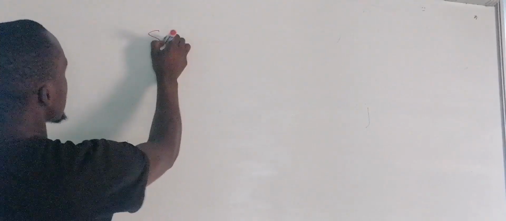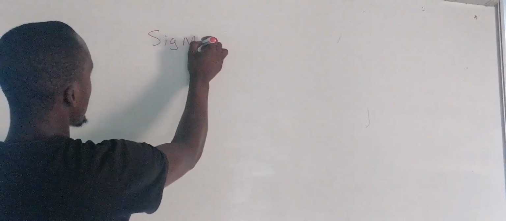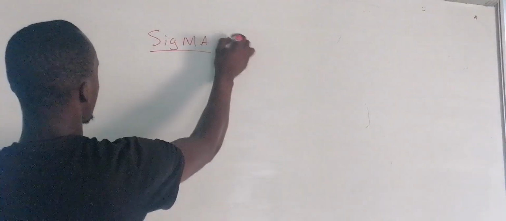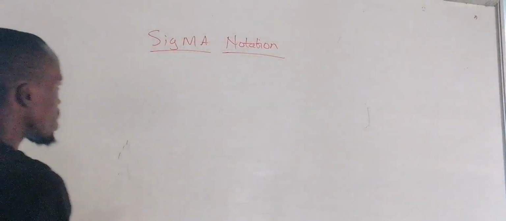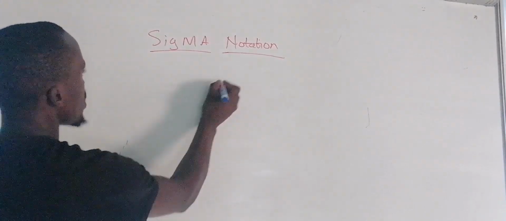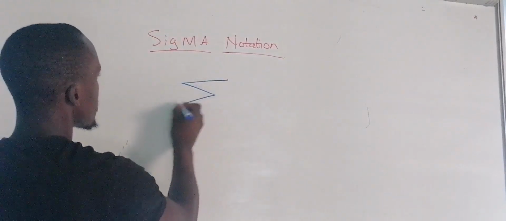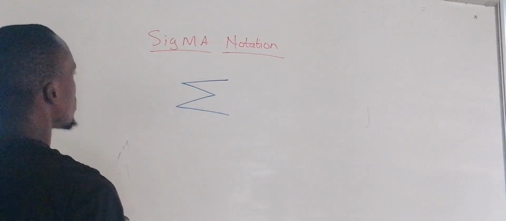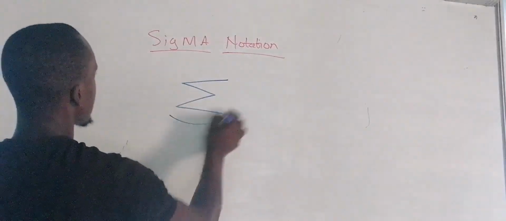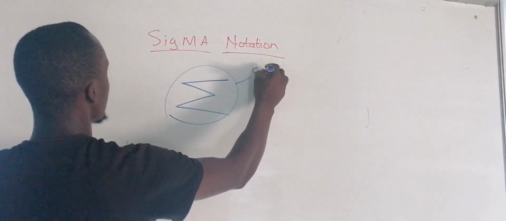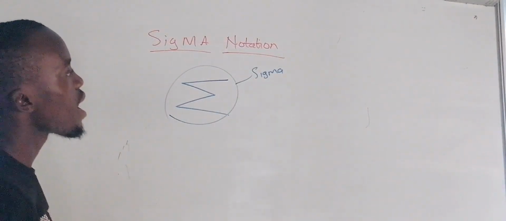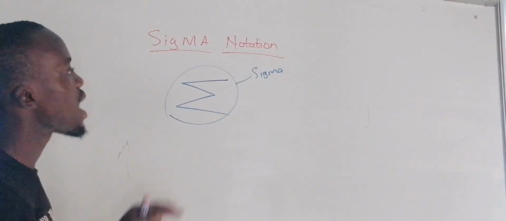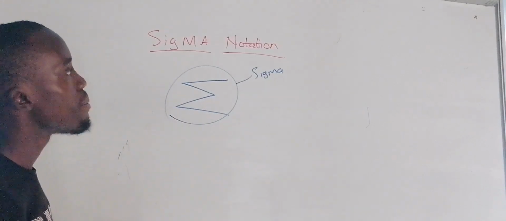As we are doing sigma notation, there's a symbol which we use to represent sigma. This is known as sigma. It's actually a Greek alphabet, the alphabet S, meaning sum.